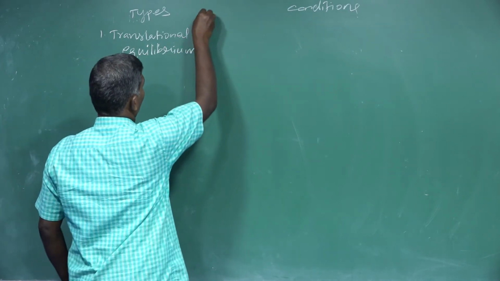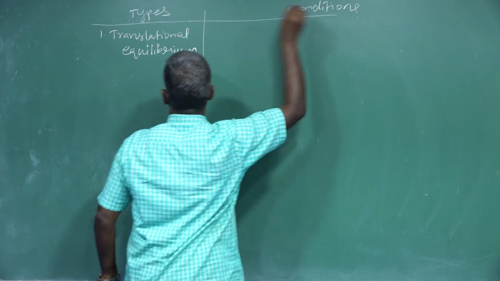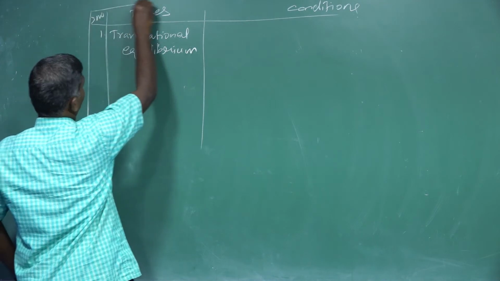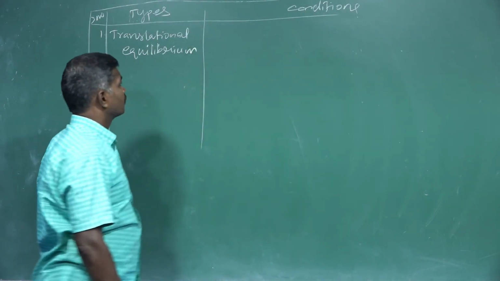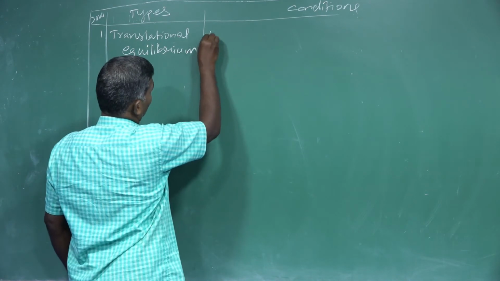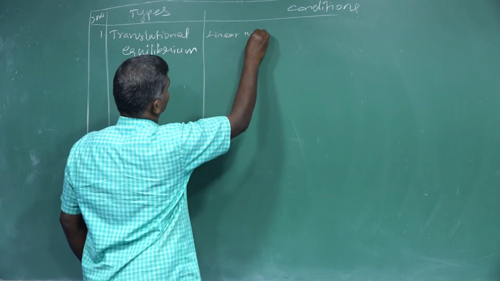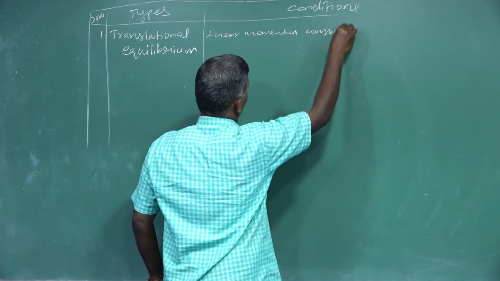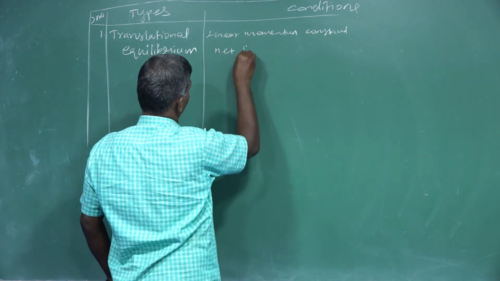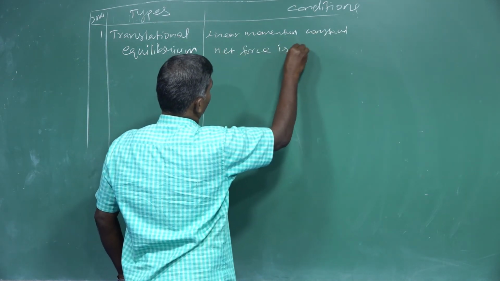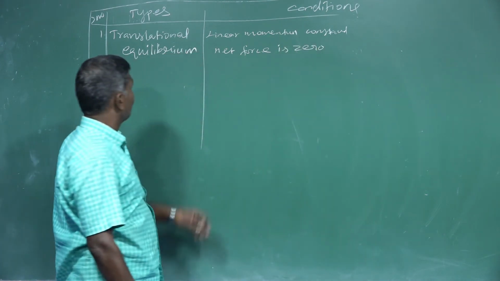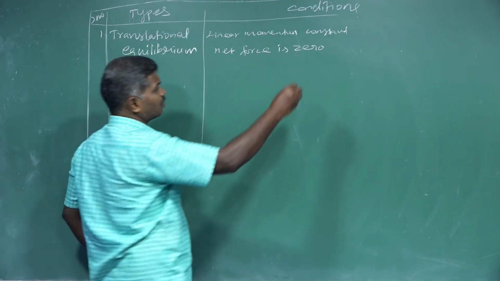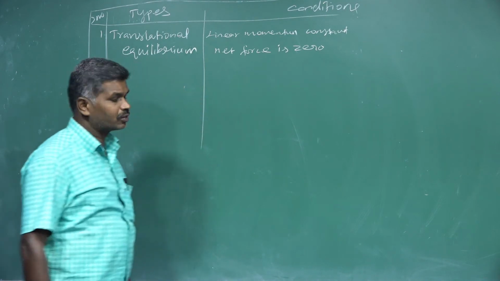Here the conditions are: linear momentum constant, net force is zero. The condition for translational motion is that linear momentum remains constant and net force is zero.